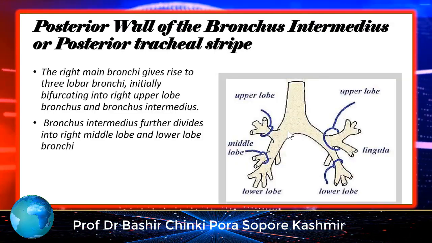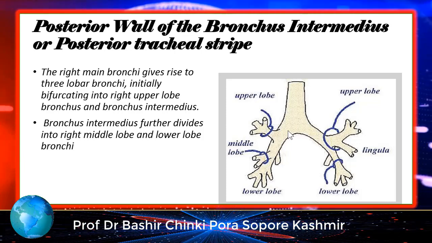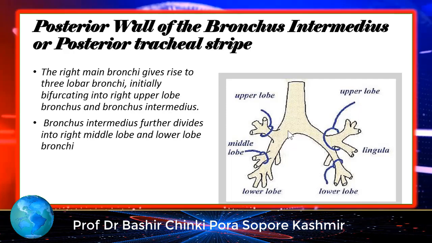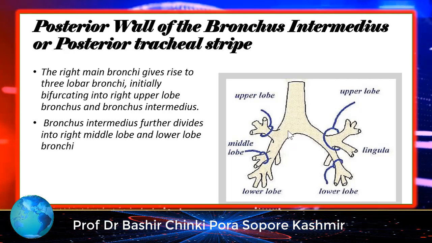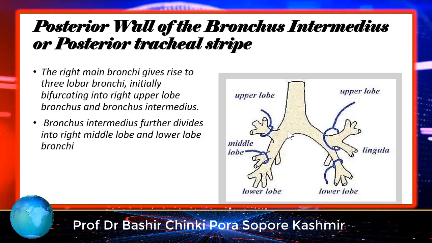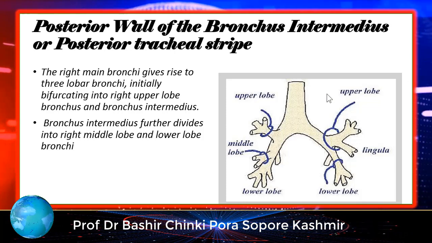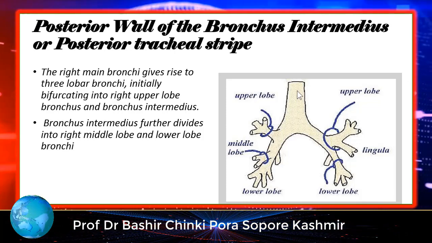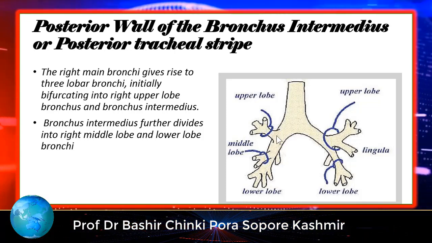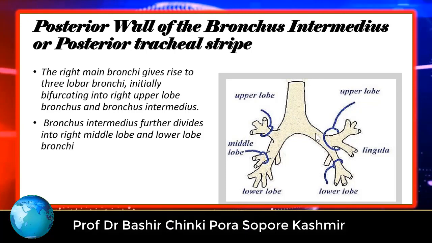Now let me talk about the posterior wall of the bronchus intermedius, or posterior tracheal strip. Before I make you understand what the posterior tracheal strip means, let me talk about the trachea and the bronchi. These are the two main bronchi, right bronchus and left bronchus.